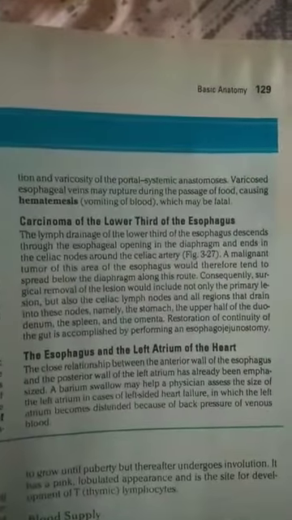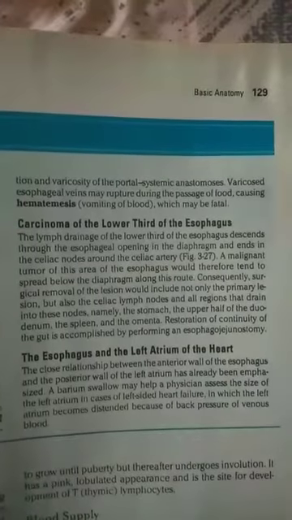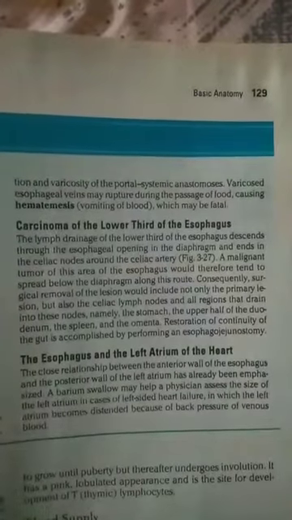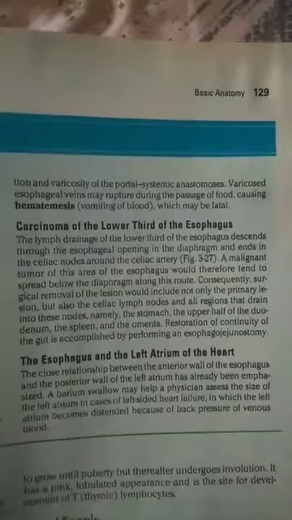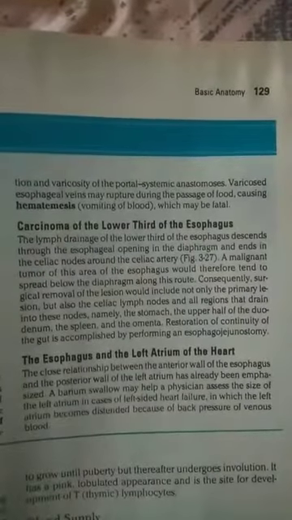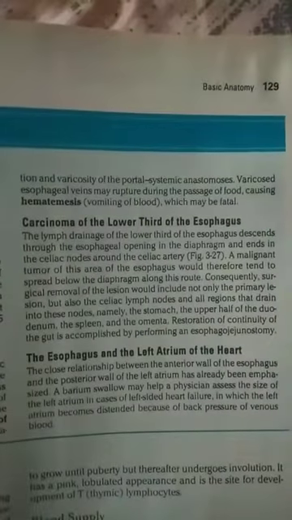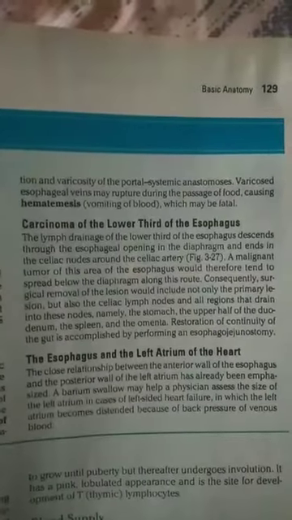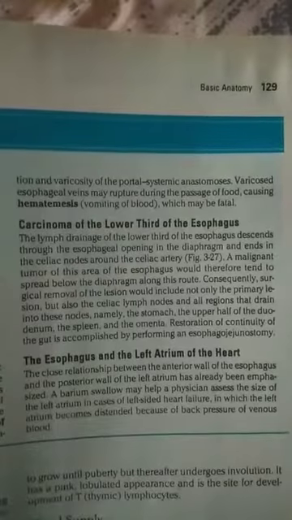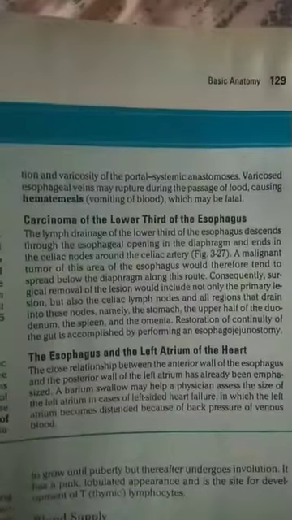The lymph drainage of the lower third of the esophagus descends through the esophageal opening in the diaphragm and ends in the celiac nodes around the celiac artery. A malignant tumor of this area of the esophagus would therefore tend to spread below the diaphragm along this route.